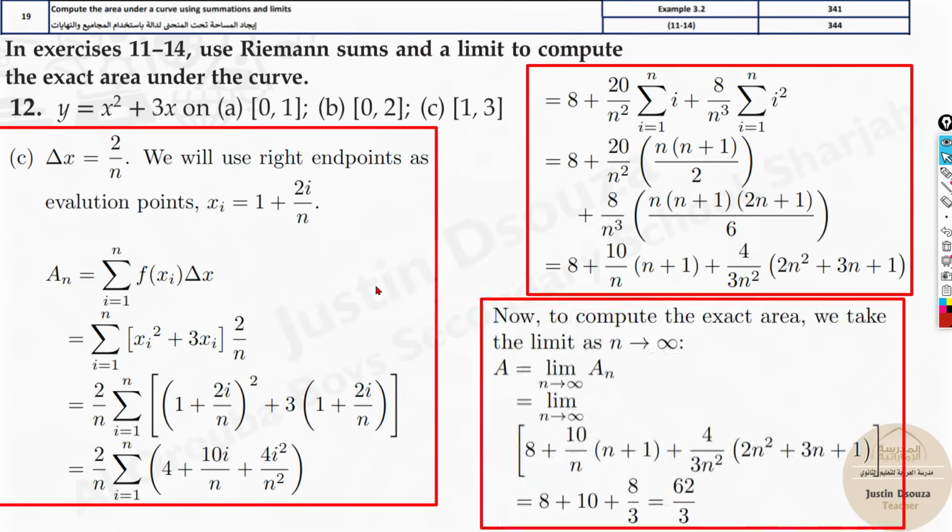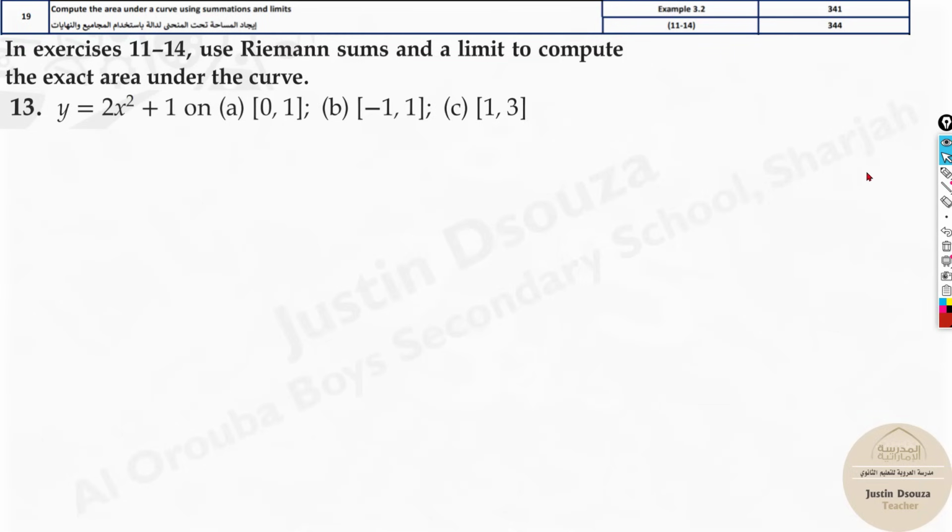I will do one more problem using the method which I just now told you, for the minus 1 to 1 limit. So it'll be the integral from minus 1 to 1, lower limit down, upper limit up, of 2x squared plus 1 dx. We need to integrate this. When you integrate it, it will be 2x cubed by 3 plus x plus c.